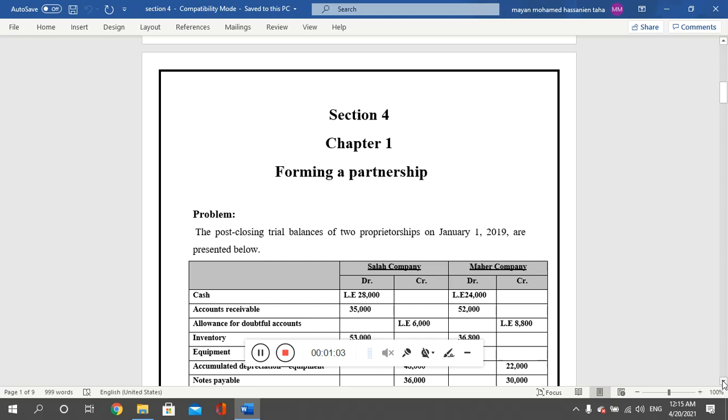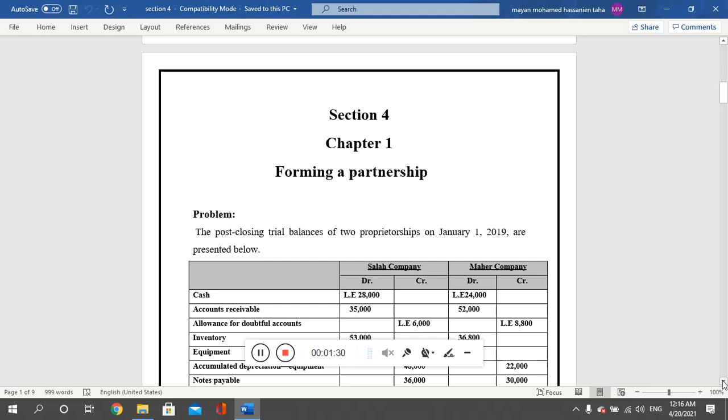Now we need to combine the financial statements of the partnership, as this exercise shows here. This is a solved exercise in your book, page 30.